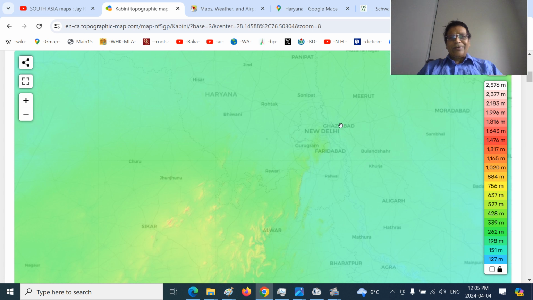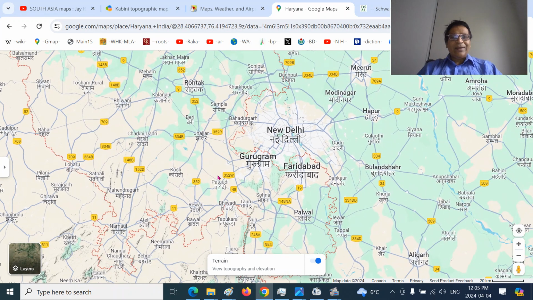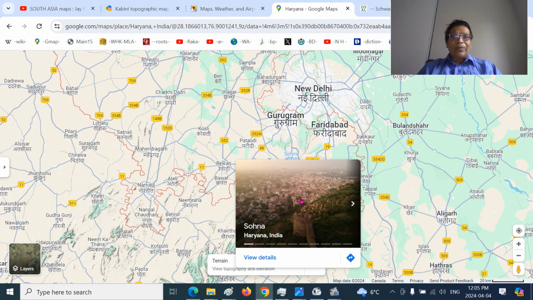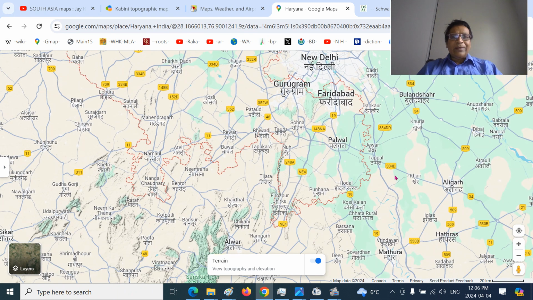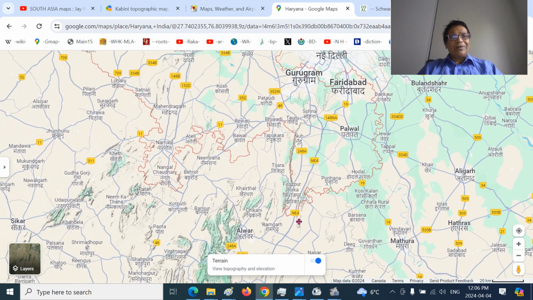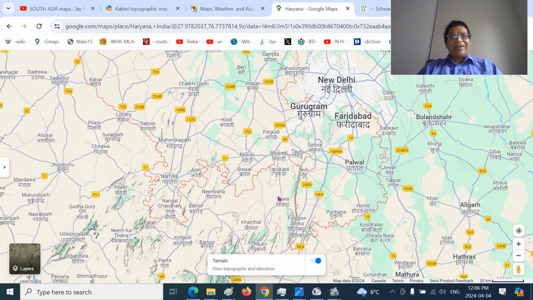So the Delhi Ridge, Firozpur Jhirka and Sohna, all those mountains, you can very easily see here. So you see Sohna mountains, Nuh mountains, and Firozpur Jhirka mountains, Alwar mountains. These are the northern Aravalis, maybe 400 meters or so. You see the Khetri hills here. All the land further slopes towards the north. That is the Rewari upland.